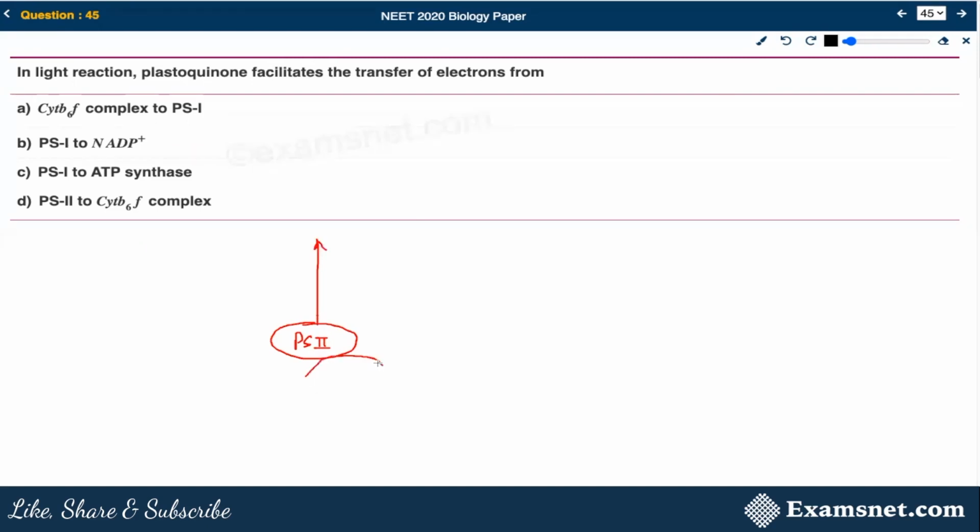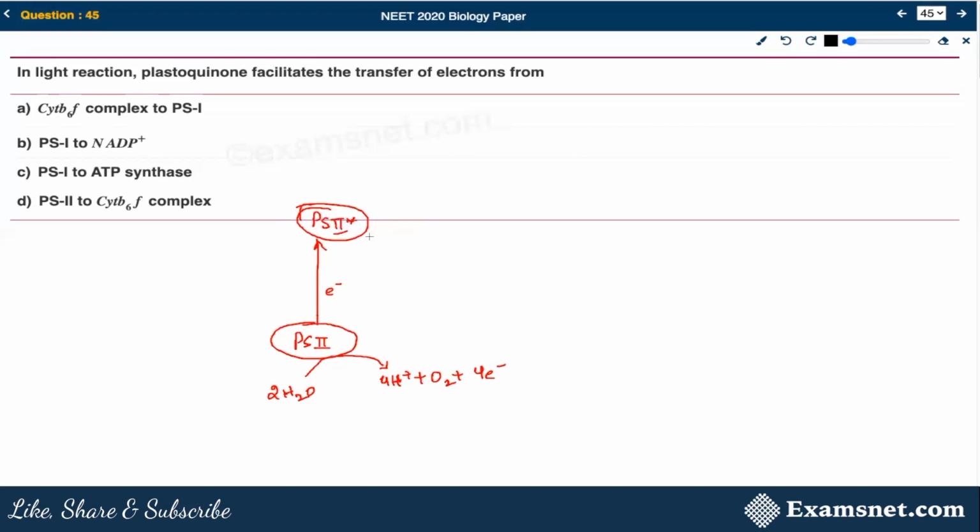And this PS2 is also associated with splitting of water that is going to release electron also. So this excitation of electron will result into the excitation of the photosystem also over here.